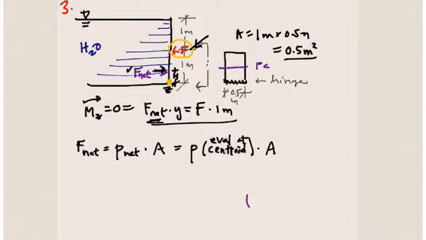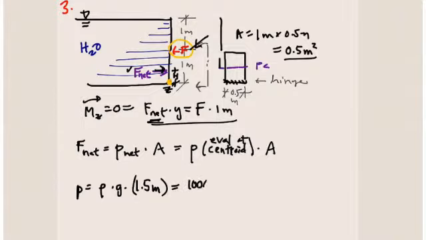So now we just need to evaluate the pressure. The pressure is equal to rho times g times the distance beneath the surface where the centroid is. So it's 1 meter right here plus a half a meter, so 1.5 meters.